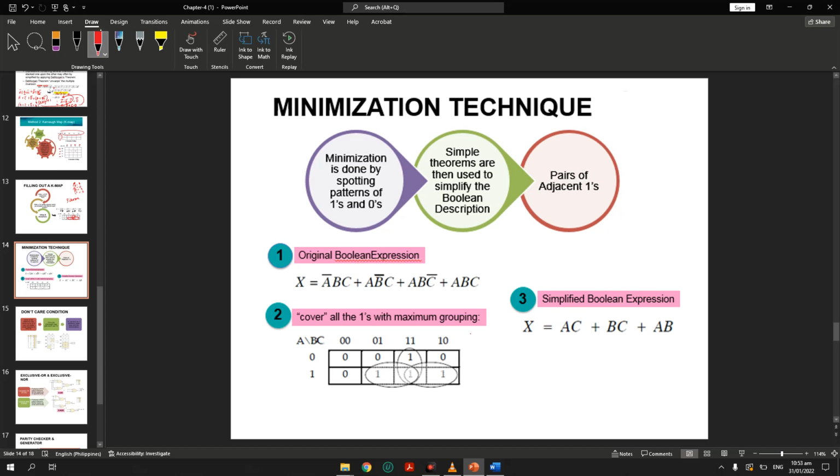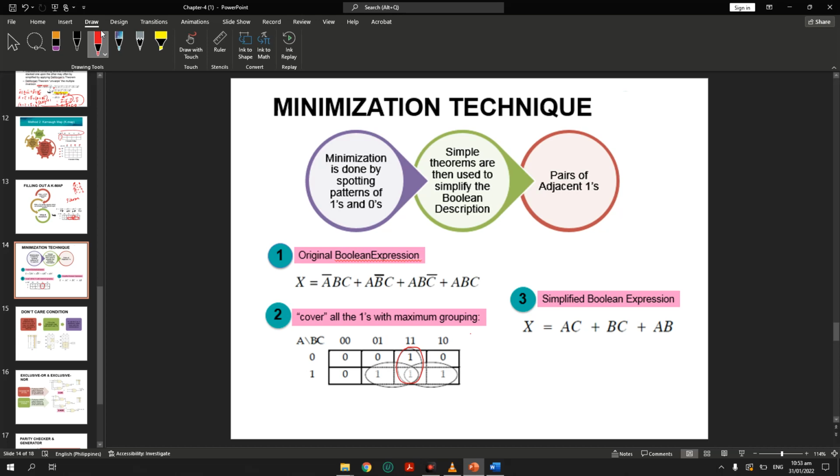So first, let us consider this group. In simplifying using the K-map, you look for the variable that is not changing. Ang variable nga wala nag-change.